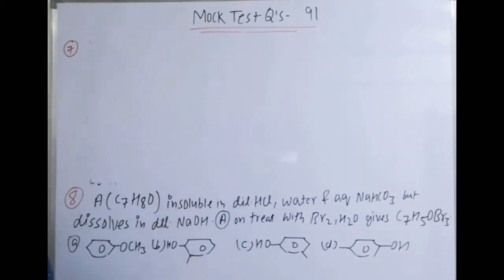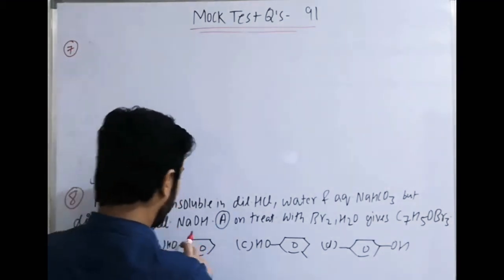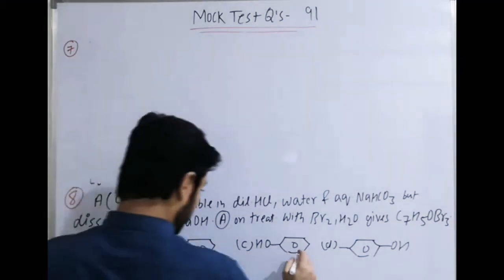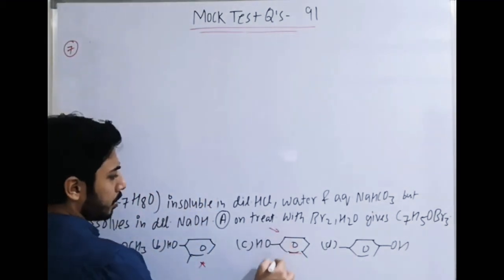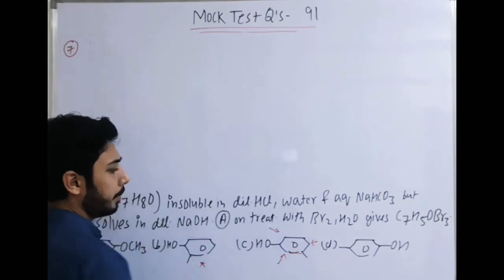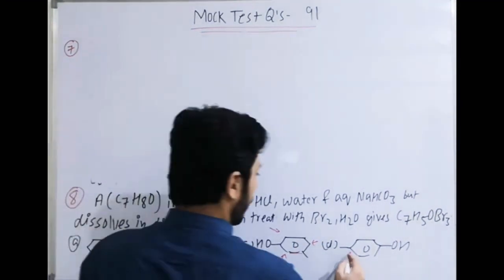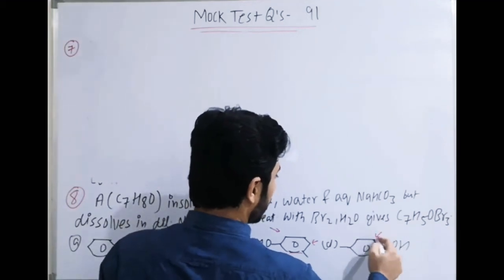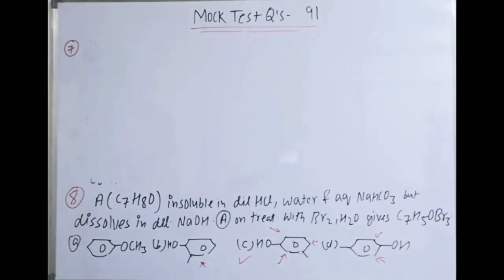So we can eliminate that option because here we will get 2 possibilities only, one ortho there and para there. Then here the meta position has CH3, so both ortho positions are available and the para position is available. So yes, this is a better option than D. In D, the para position is blocked, so only 2 ortho positions are available. So among them the correct answer is option number C.